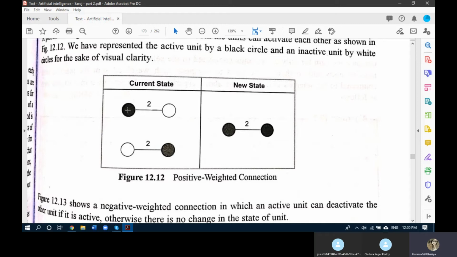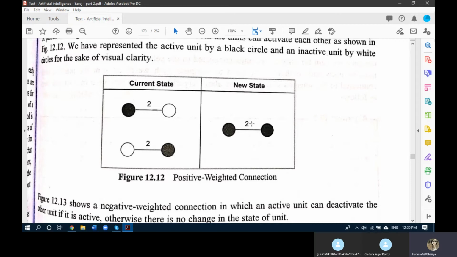If you consider black to be i and this to be j, then this weight is symmetric between this connection. It can be this way or it can be this way. And then the new state which can be derived is that the other node also turns out to be active or black, because here the threshold might be positive.